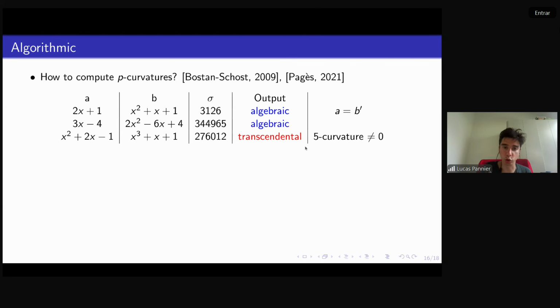I think this is also the strength of this approach: whenever we have transcendental output, we can conclude very easily. The problem is when it is algebraic, we can certify that only with quite long computations.